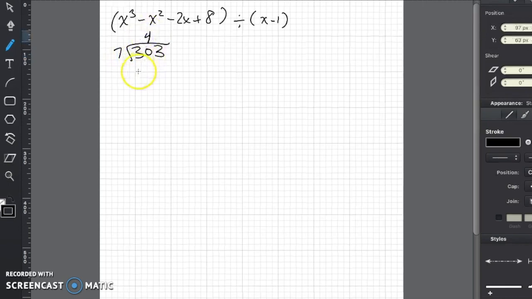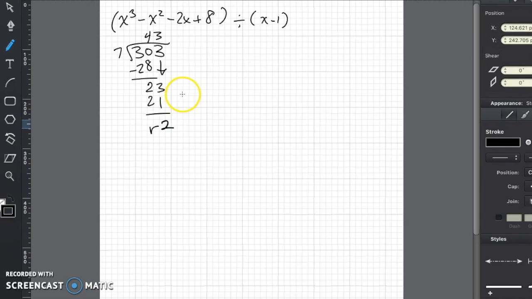That is 4 times. So I do 30 and 28. I change the signs of that guy, I get 2, drop down 3, and I get 23. And I think, how many times does 7 go into 23? It goes 3 times, right? So 3 times 7 is 21, and that has a remainder of 2.